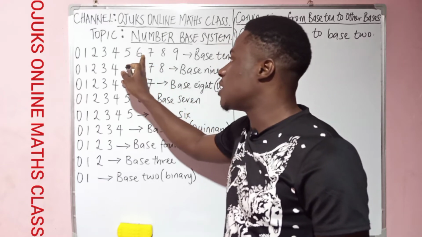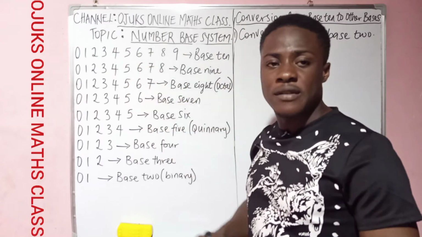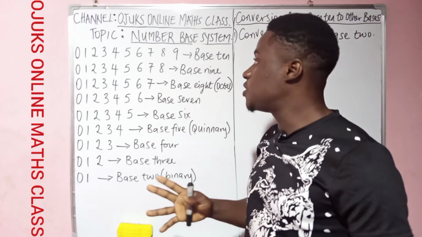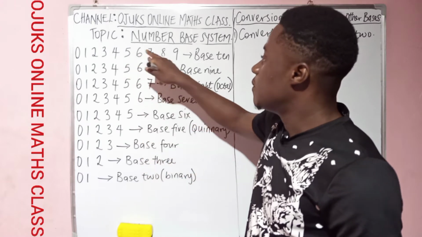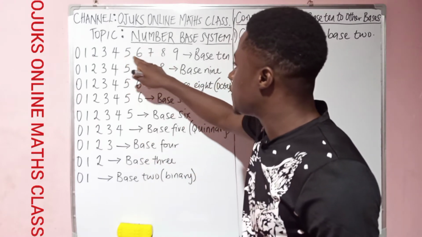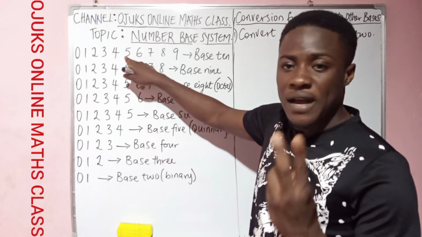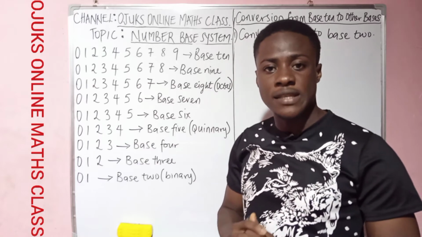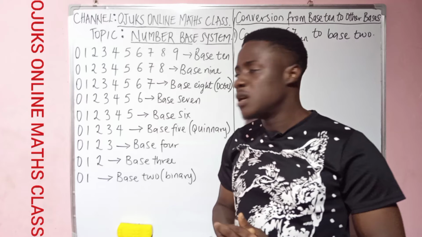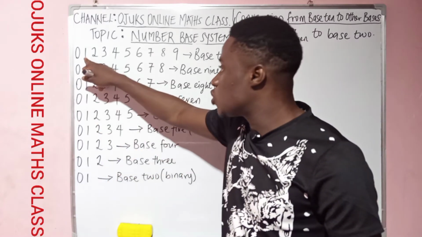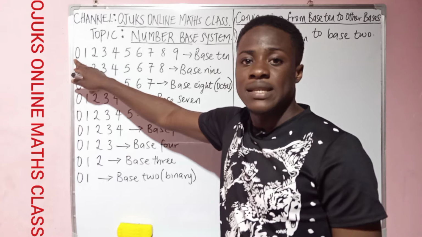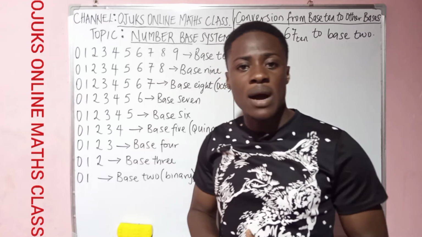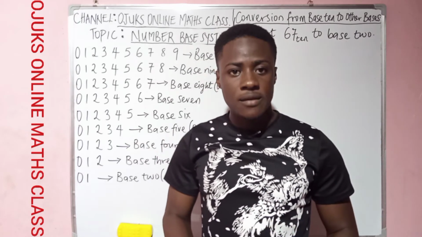If I want to get every other number, let's say 556, it is the combination of two 5s and one 6. If I want to get 1 million, it is simply a single 1 and 6 zeros. So these primary counting numbers are known as our common base 10.